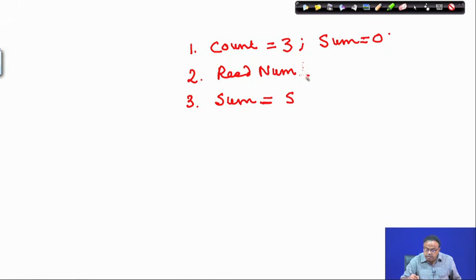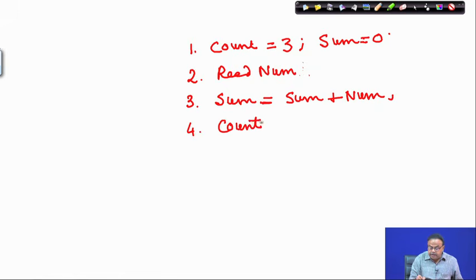I am reading one number at a time, and then count I decrement. So, I make count to be count minus 1, because I have already read 1.